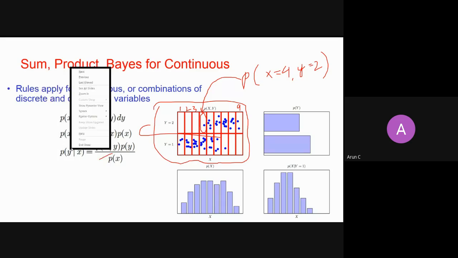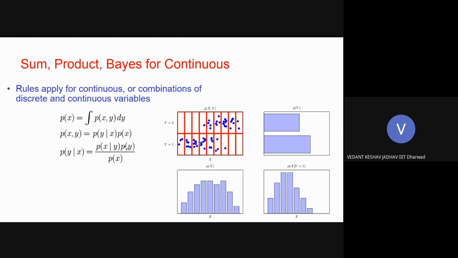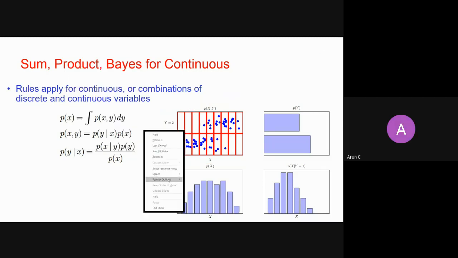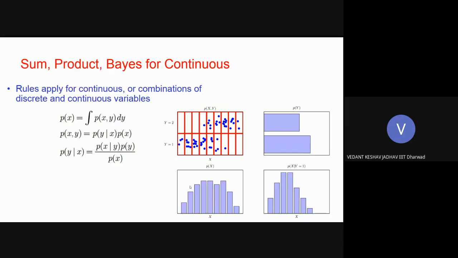If somebody asks what is the conditional probability, marginalized. There are two important concepts, marginalization and conditional. If you ask me what is the probability of seeing y equals 2 only, you are not caring about the value of x.